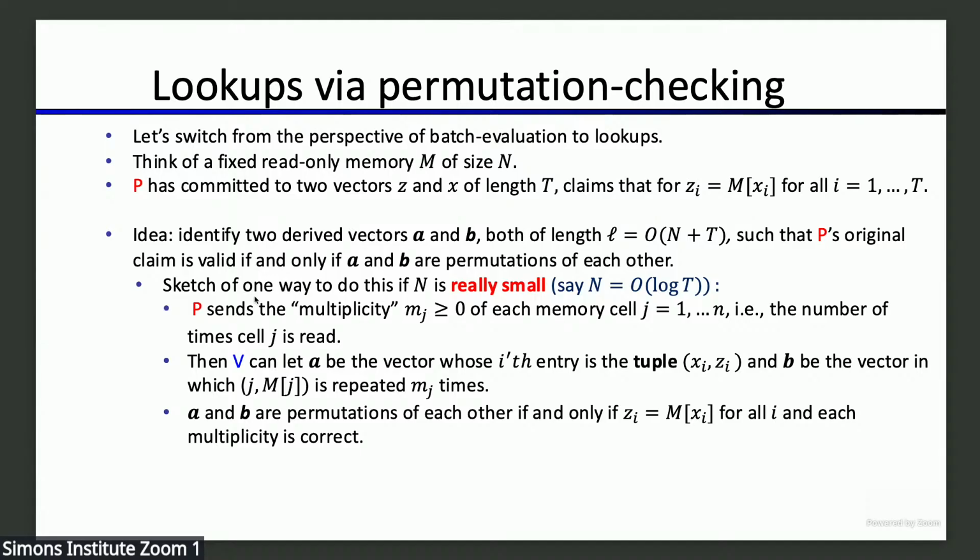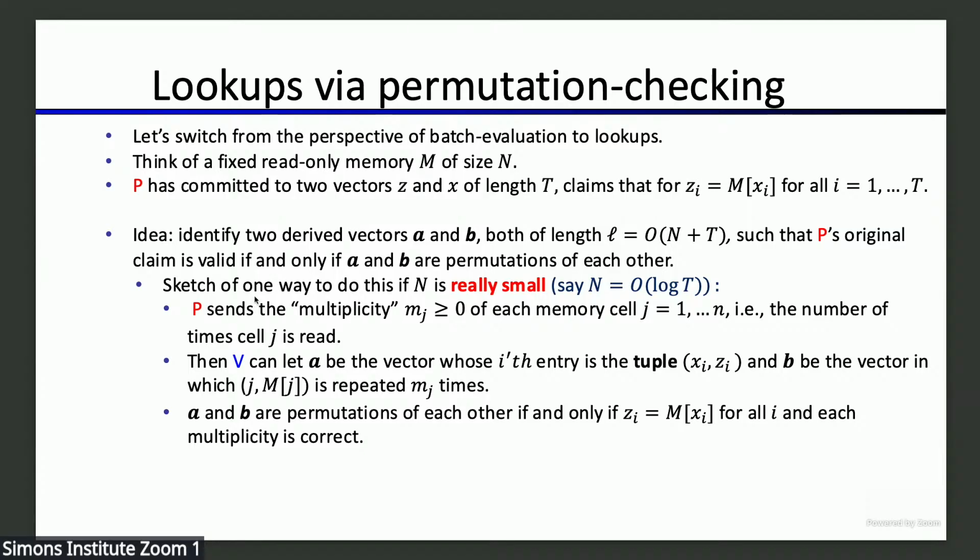Okay, and so the prover has committed to a bunch of indices. These are the addresses we're reading. Think of this as equivalent to the inputs to the primitive instructions in RISC-V. Before it was x comma y, but now for notational simplicity, there's just an x. And then there's z.